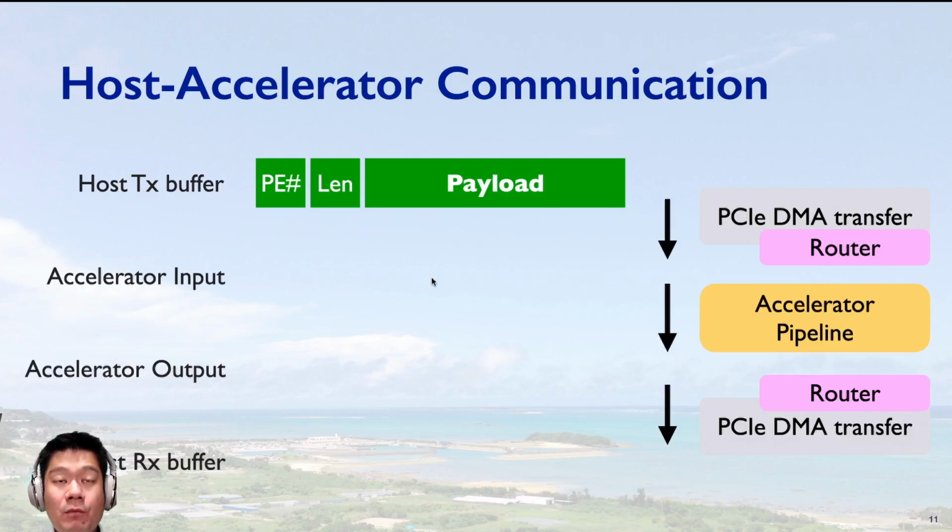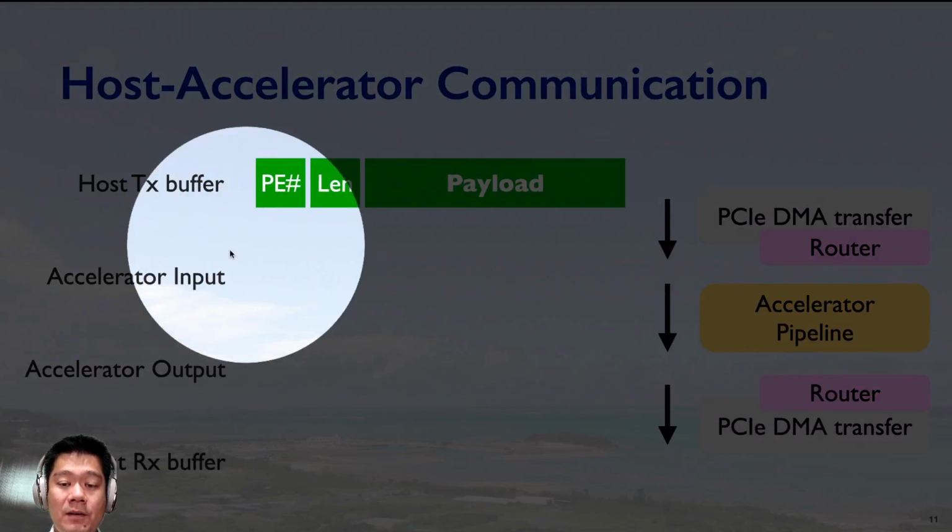The streaming communication between the host and accelerator is quite simple, as in this figure. First, the host program sets the host buffer with a header of PE number and payload length.